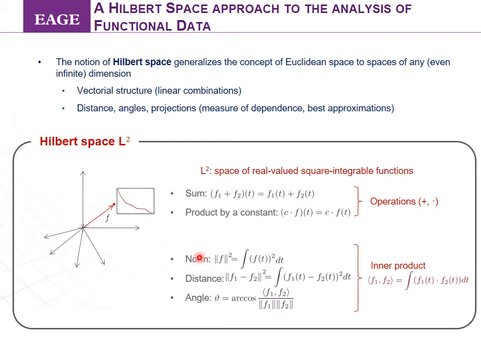The norm, the length of this vector, is simply the integral of the square of the function. The distance between two functions in that space is defined as the integral of the square difference of these functions, and so on. Now we get a new definition of norm, distance, and angle. What that will do for us later is that we can extend much of the mathematics and the ways of handling scalars to functions in a very natural and logical fashion.